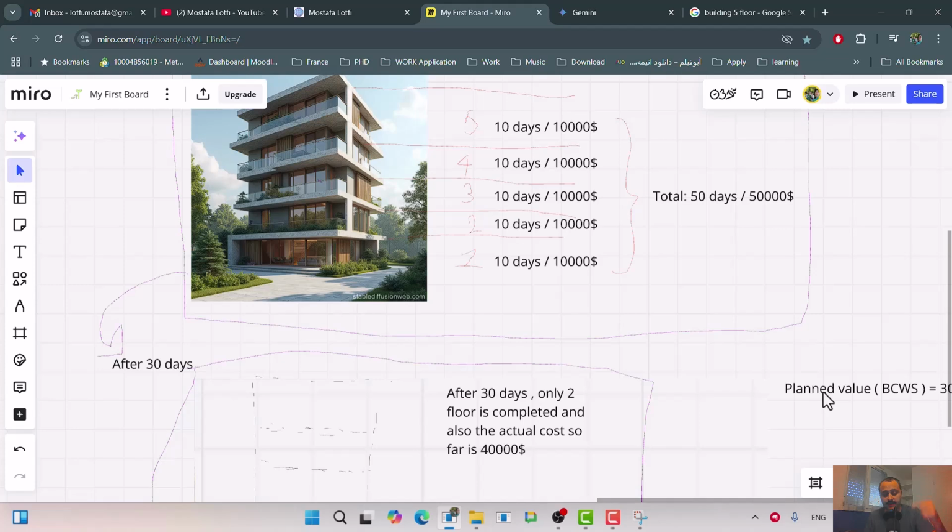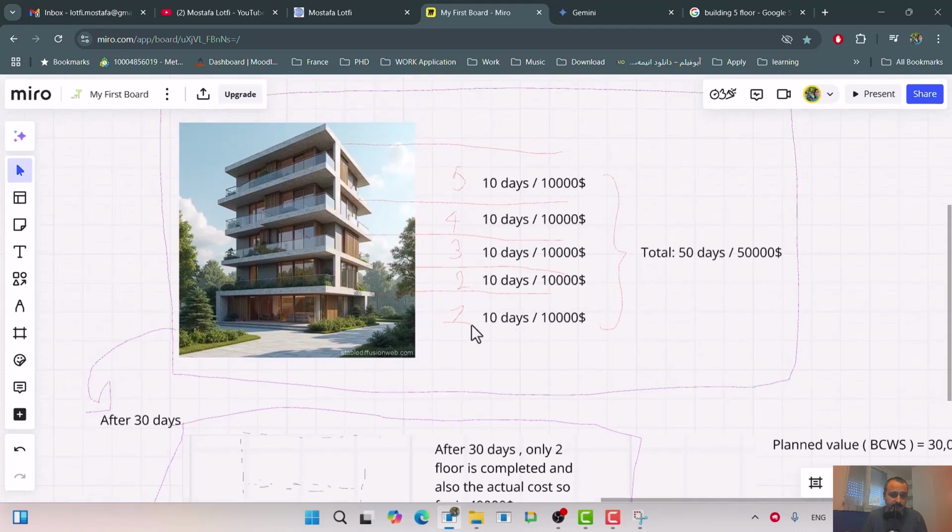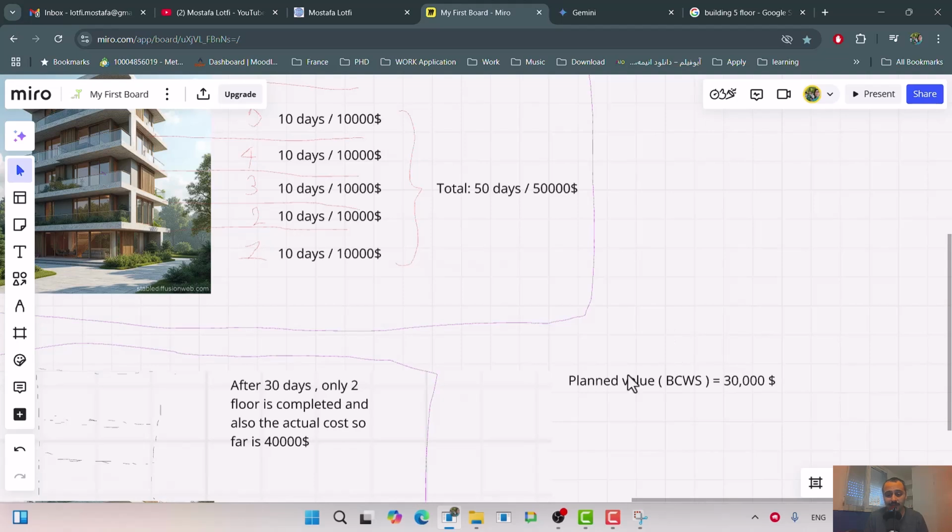If in this simple example, our original plan was every 10 days we deliver 1 floor, right? So after 30 days, expectation was to deliver 3 floors and also spend $10,000 for each floor. It means 30,000, right? So BCWS, planned value, up to this time.